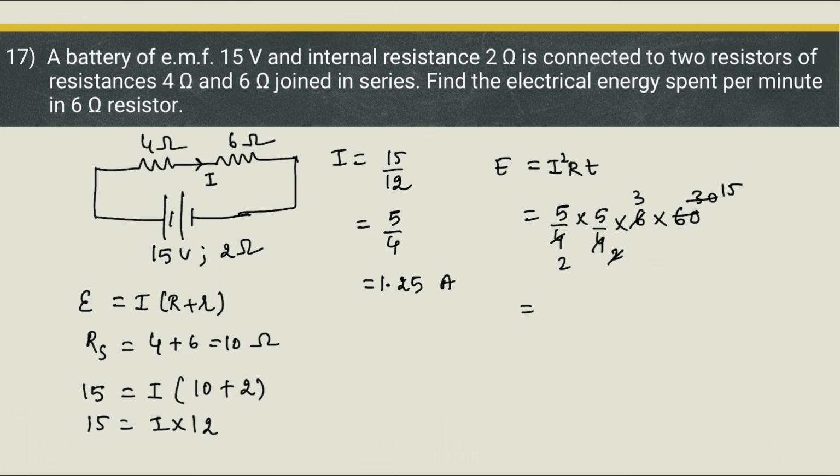So this is 25 into 45 upon 2, and that is 562.5 joules.